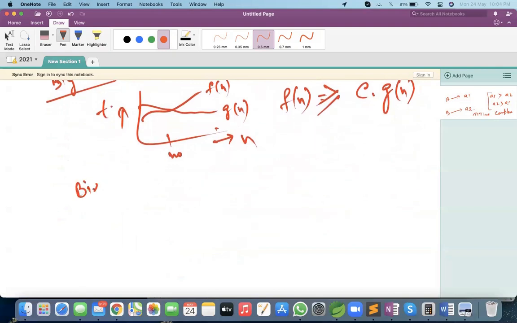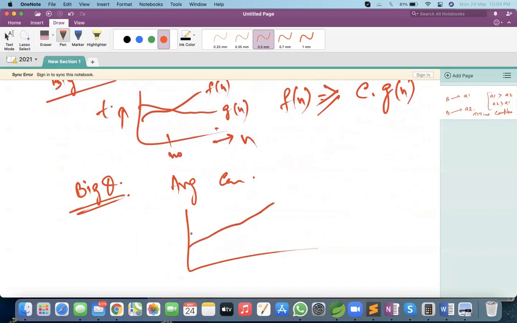Now big theta. What is big theta? Big theta determines the average case, right? So its graph will be, and you can put one in the middle. So C1 of g(n), this middle one is f(n), C2 of g(n).